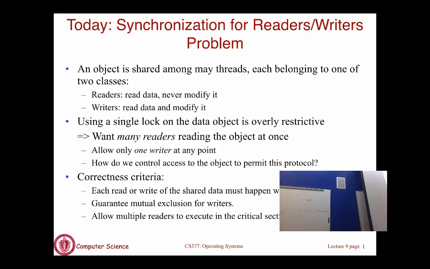So the standard way to solve this problem is that both readers and writers will use a lock to protect your data. So before you read or before you write, you're essentially going to use a lock. You might have a read method, you might have a write method. You use a lock, then you read the data item. In the write method, you get a lock and you modify the data item.